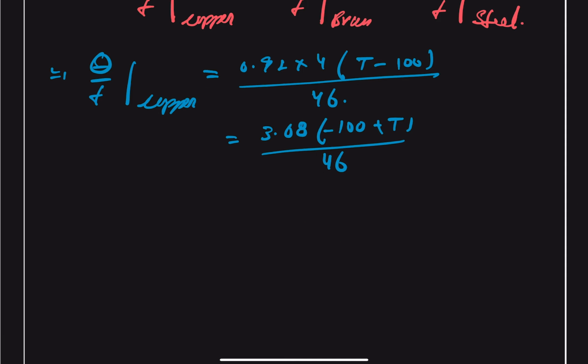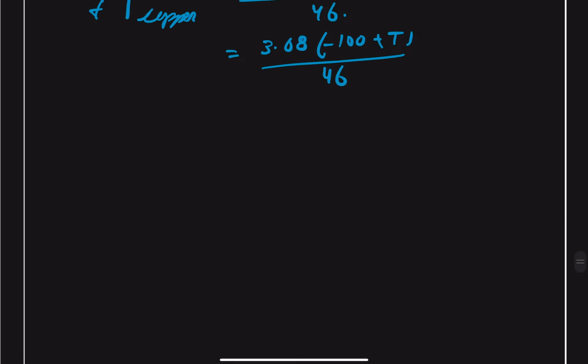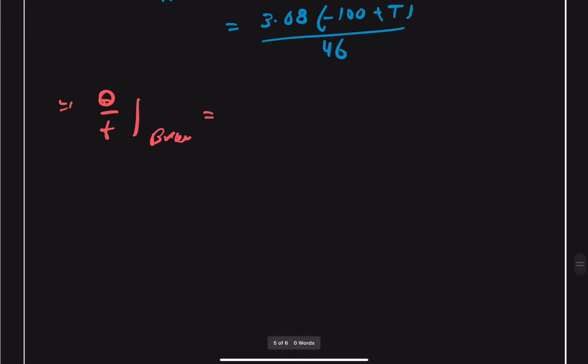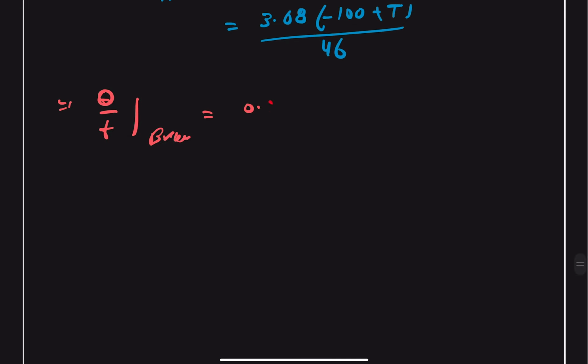Next is our Q upon T for the brass. The temperature difference will be equal to T because the other end is at 0 degree centigrade. So we can put it directly: 0.26 multiplied by 4 multiplied by T and divided by 13. And this comes as 1.04 T divided by 13.